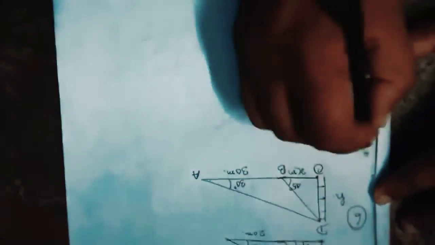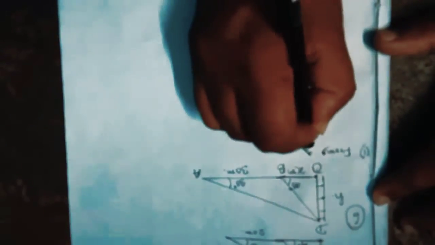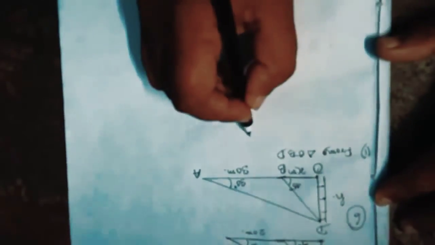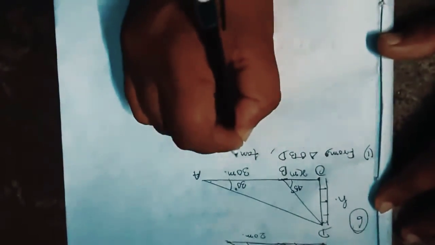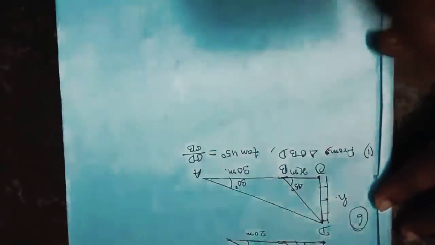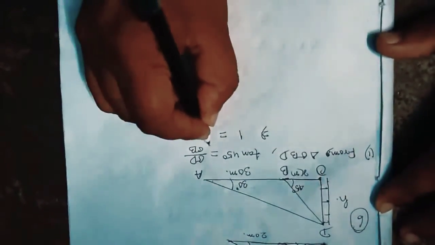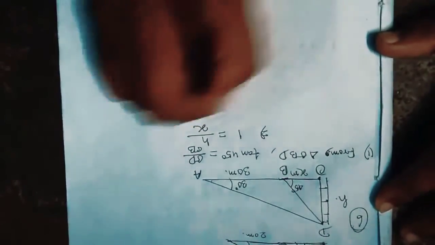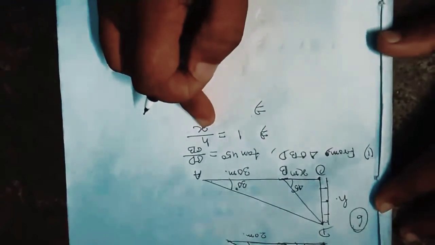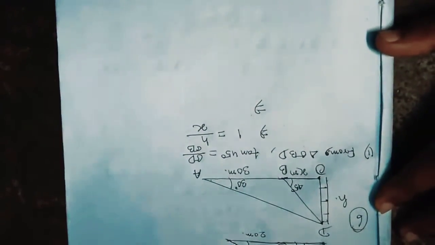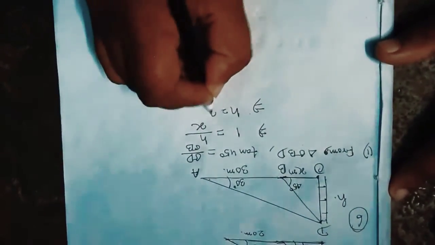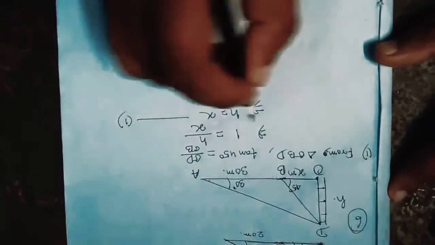From triangle OBD, tan 45 degree is equal to OD by OB. The value of tan 45 degree is 1. OD is equal to h and OB is equal to x. So obviously h is equal to x. This is my equation number 1.